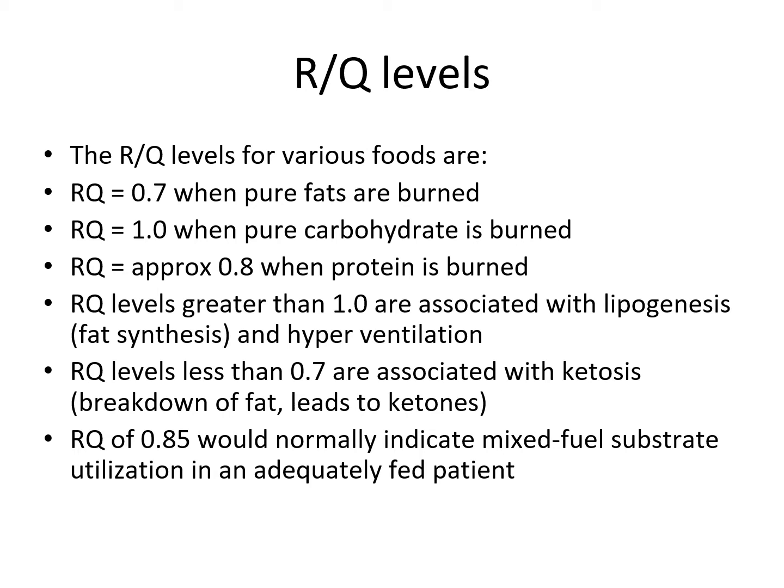So a diabetic ketoacidosis patient can have ketones in their urine. An RQ of 0.8 would normally indicate mixed fuel substrate utilization in an adequately fed patient. So that would actually be an okay level.